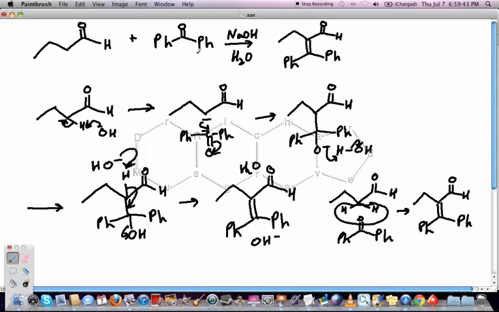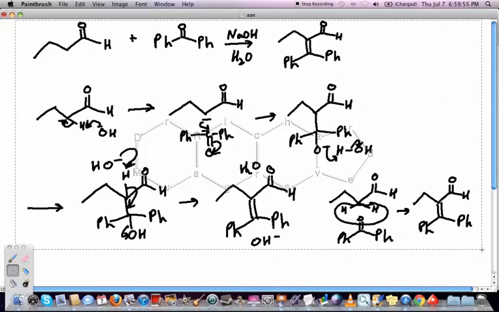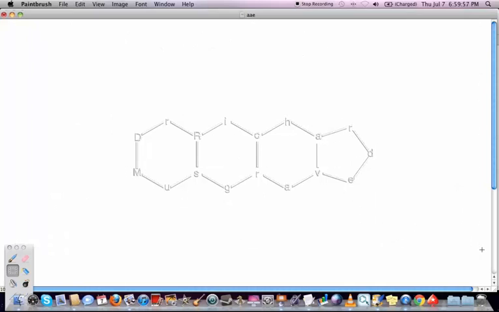So what I want to do is go through and show you an example of what would happen if we decided to use two different things that had alpha hydrogens with them. Now I'm not going to do the mechanisms for these, I'll just follow the pattern that I've been talking about. So an example would be something like this. Let's say we use this aldehyde, and we used, say this aldehyde.